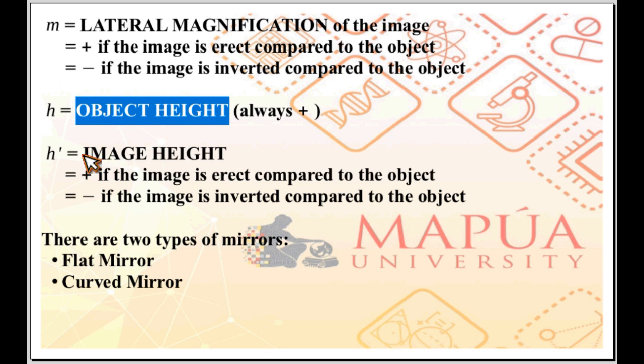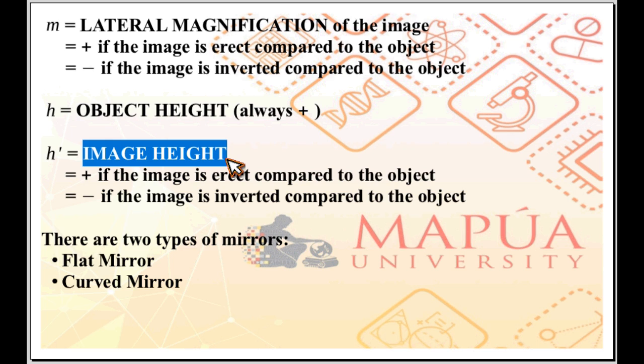H prime, therefore, is the image height. Positive if the image is erect or upright compared to the object, and negative if the image is inverted compared to the object, if the image is upside down with respect to the object.